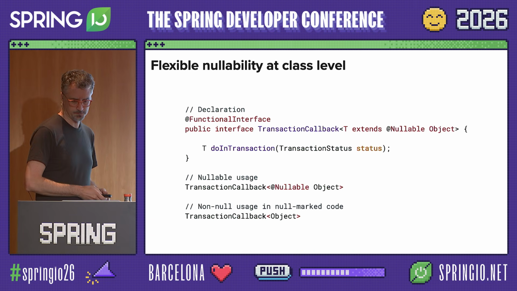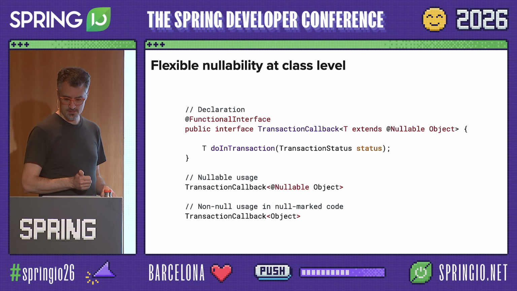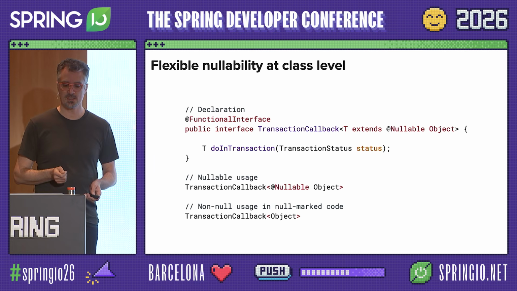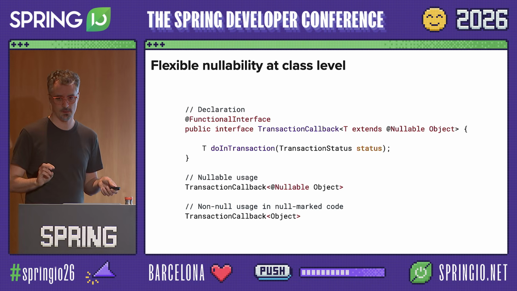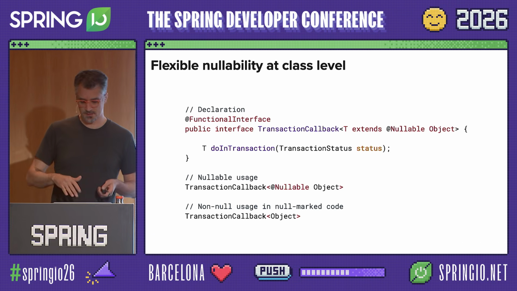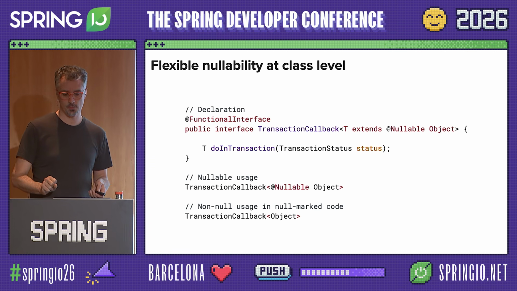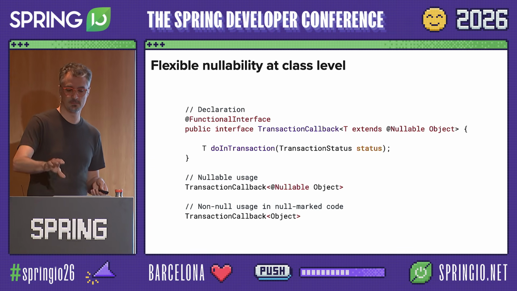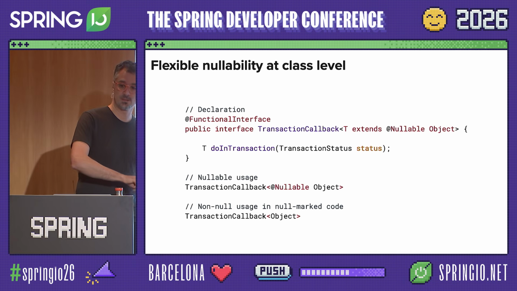So maybe useful. Second hint, you can express flexible nullability at class level. I won't go into the detail of the nullability of generic type parameters at class level. It's pretty complex, but here I want to express the fact that T, which is defined at the class level, can sometimes be nullable and sometimes non-nullable.